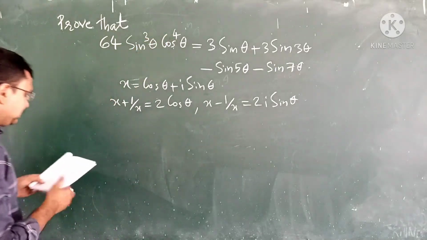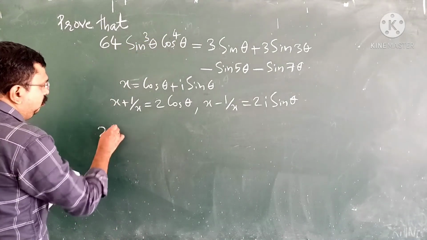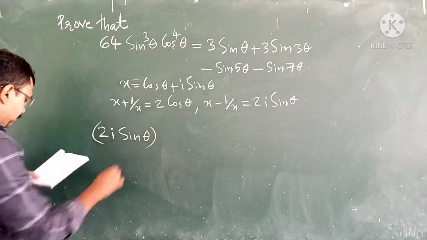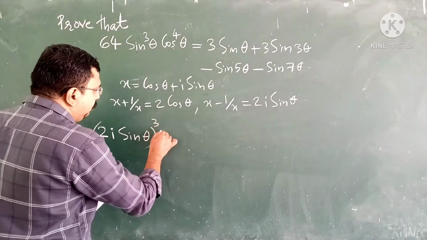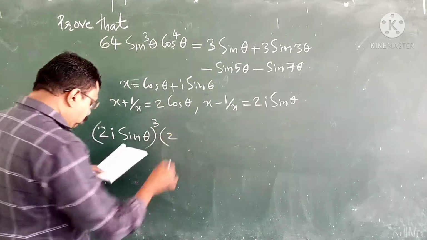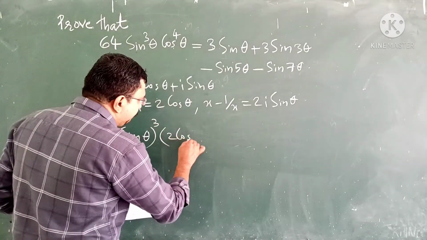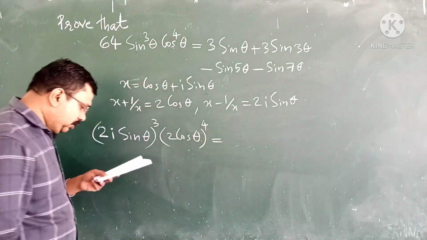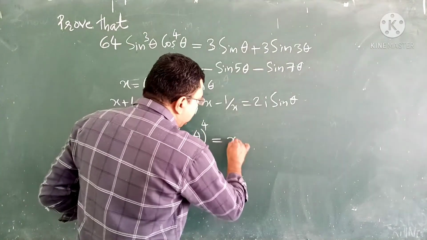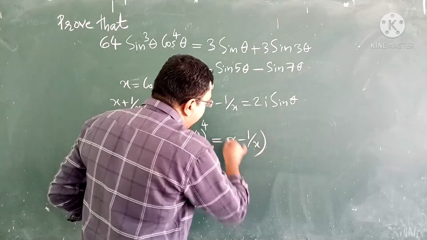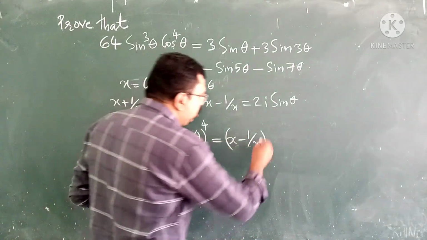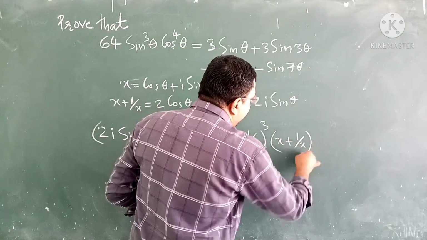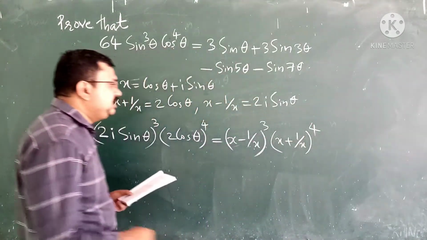Therefore, m is equal to 3 and n equal to 4. That is, this can be written as 2i sin theta the whole cube into 2 cos theta the whole raised to 4, which is equal to x minus 1 by x the whole cube into x plus 1 by x the whole raised to 4.